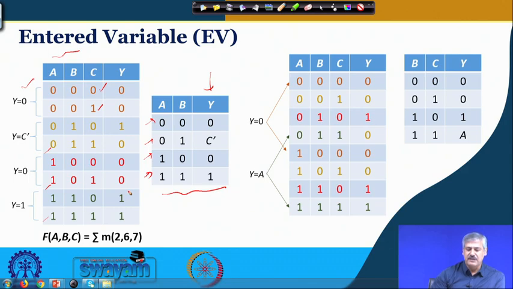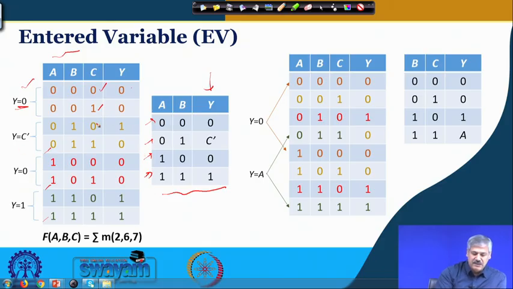Now, we consider at this point that for this particular pair, how the output is changing with respect to C. We see that output is remaining constant 0, irrespective of change in the C input variable, output is not changing. Okay. So, y is equal to 0 in this case. In this case, what is happening?